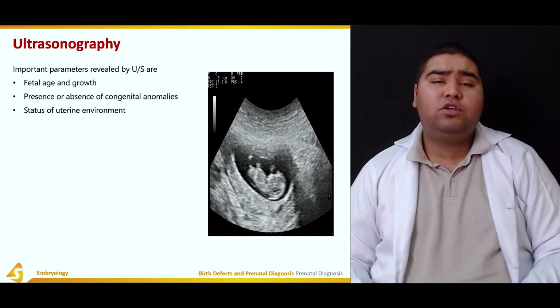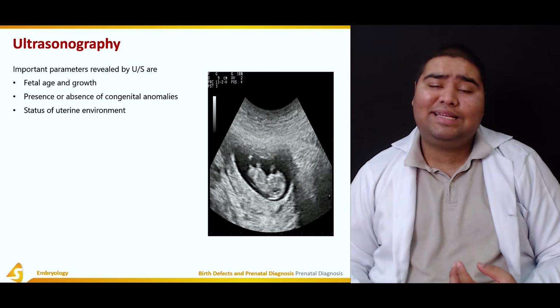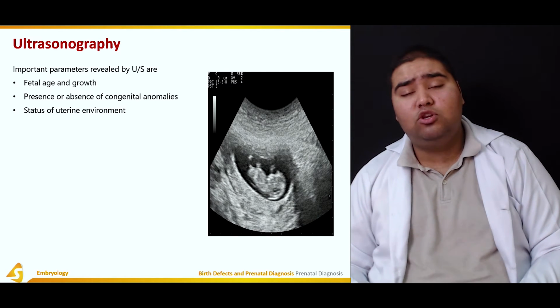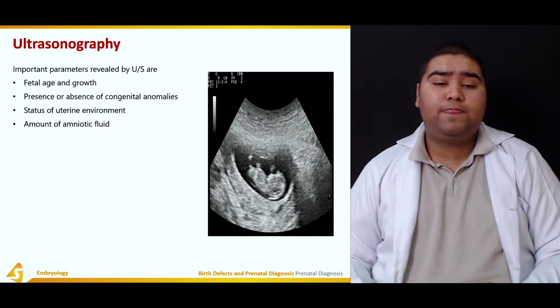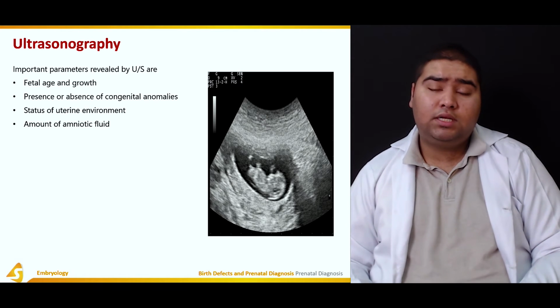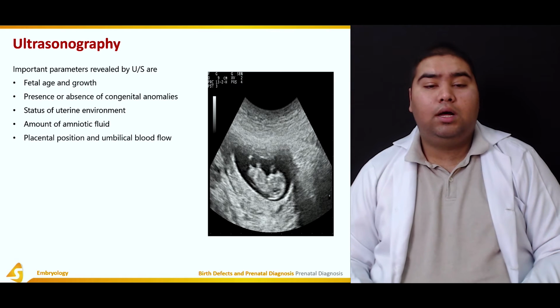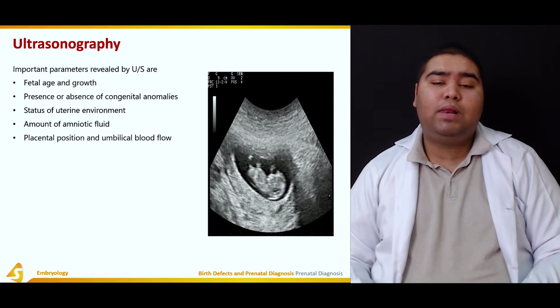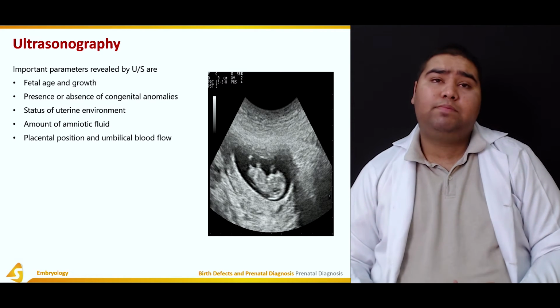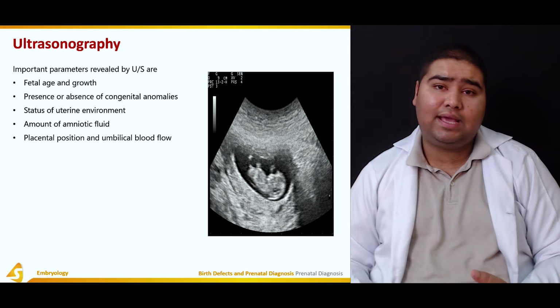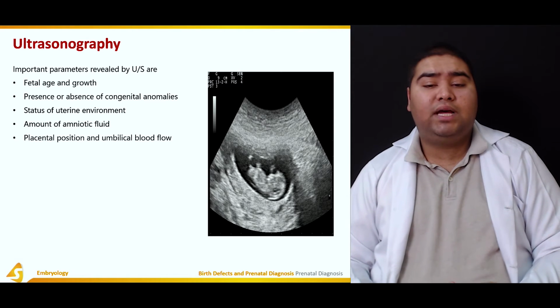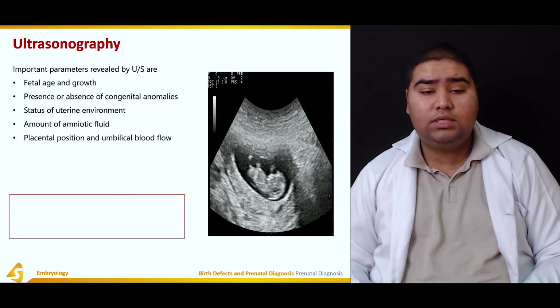It also shows the status of the uterine environment, whether it is feasible or not, the amount of amniotic fluid, lesser, greater, or normal, the placental position, such as placenta previa or creta, and whether umbilical blood flow is normal or not.